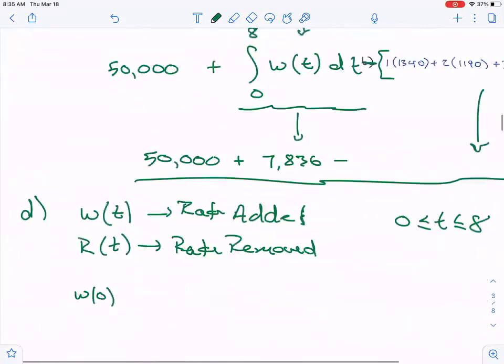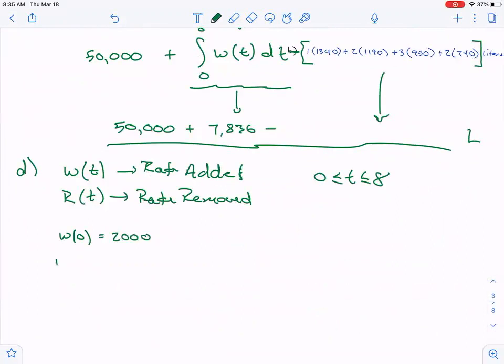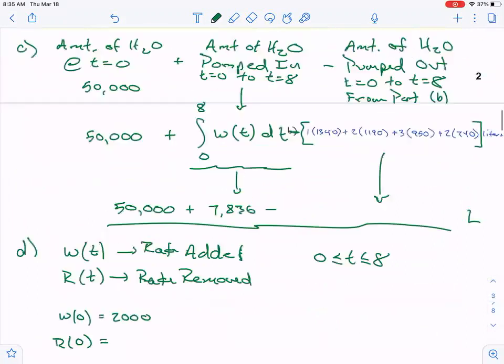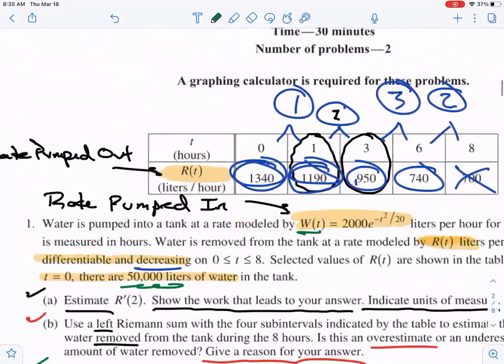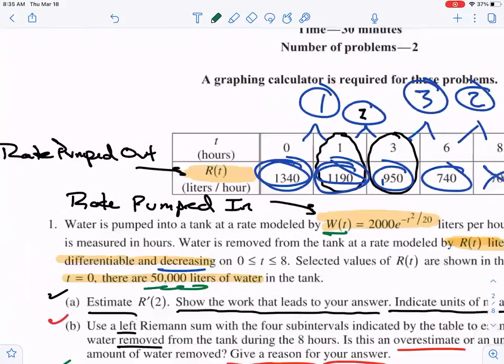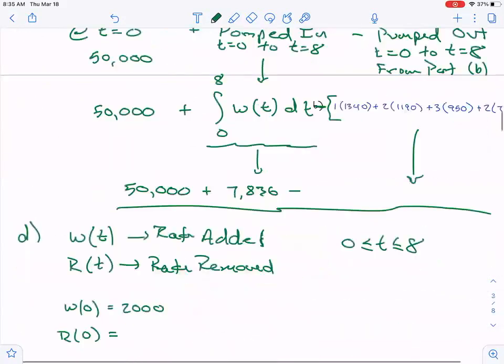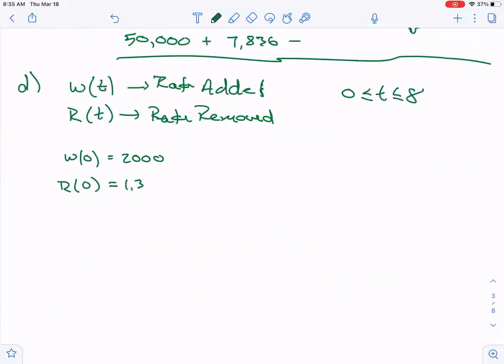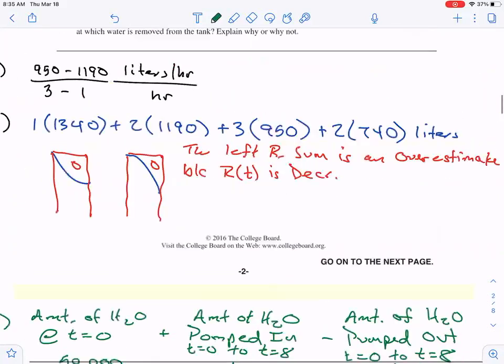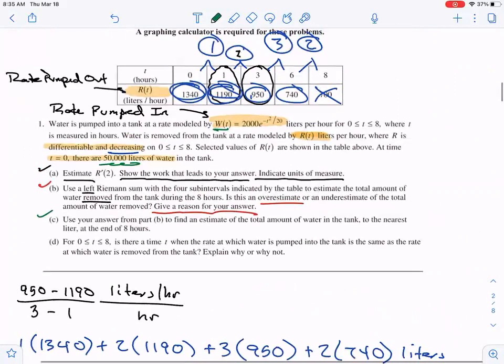R at 0 from the table is 1,340. Then W at 8 and R at 8. R at 8, I can grab from the table. That's what I crossed out right here. That's the 700.